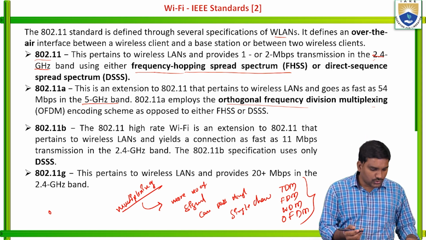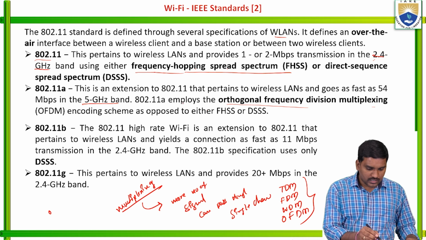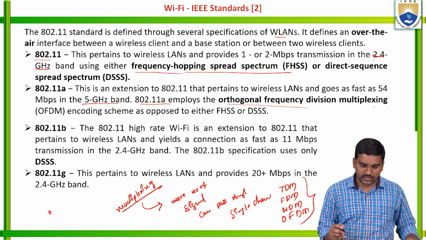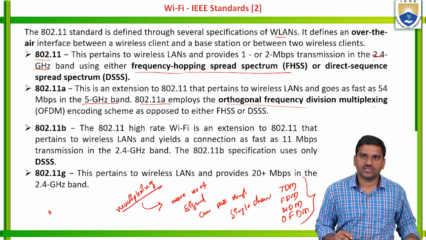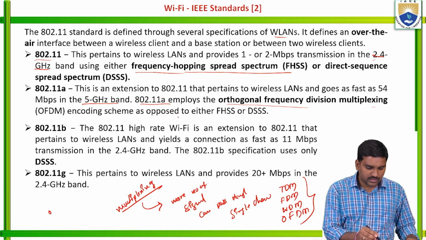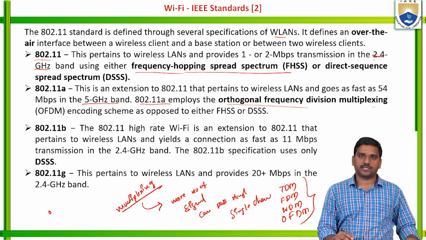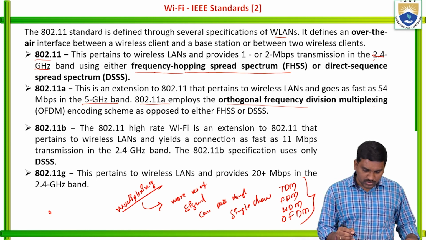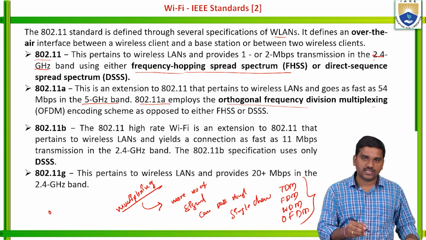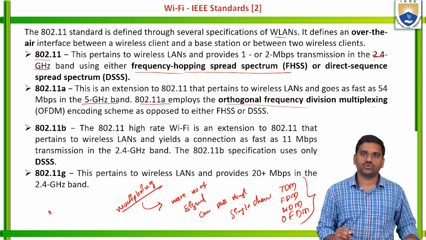But 802.11a employs the orthogonal frequency division multiplexing encoding scheme, as opposed to either frequency hopping spread spectrum or direct sequence spread spectrum. This is about orthogonal frequency division multiplexing, which 802.11a, the second standard, employs.